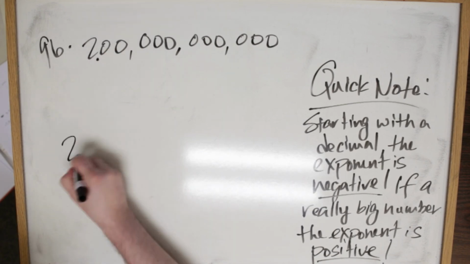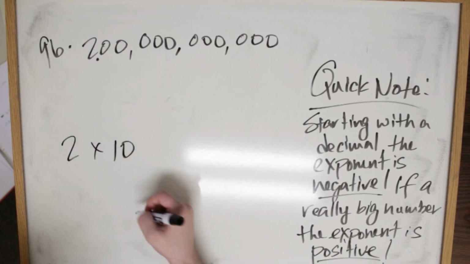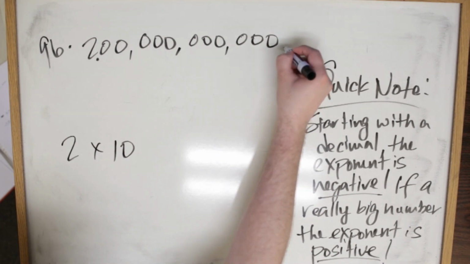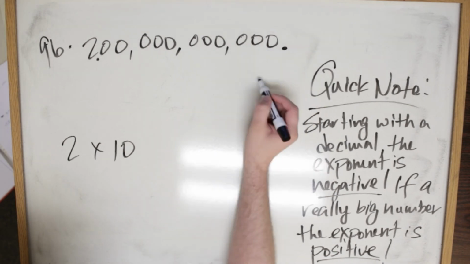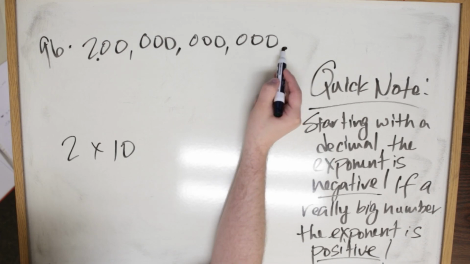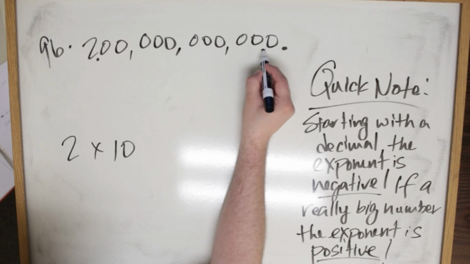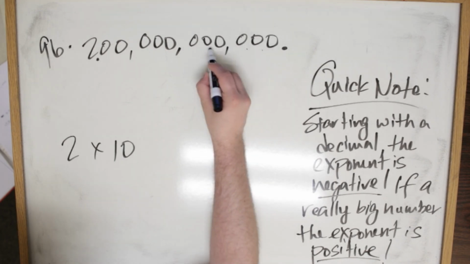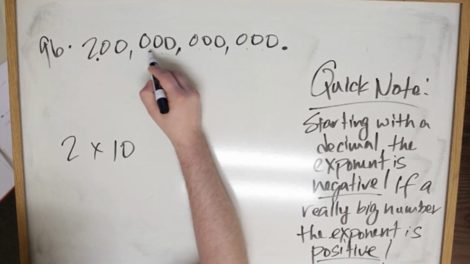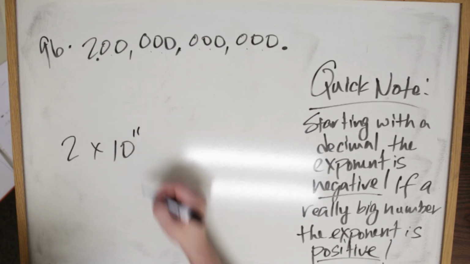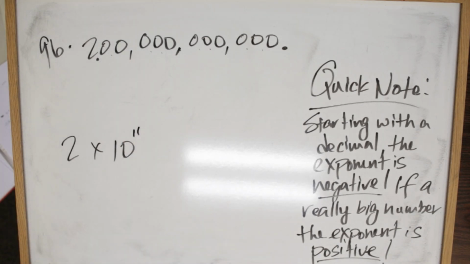So we're going to have 2 times 10 to the, how many decimal places did it move? Notice the decimal is going to be right here, and we count from here all the way over to there. 1, 2, 3, 4, 5, 6, 7, 8, 9, 10, 11. 10 to the 11 power. That is all we are doing with scientific notation.